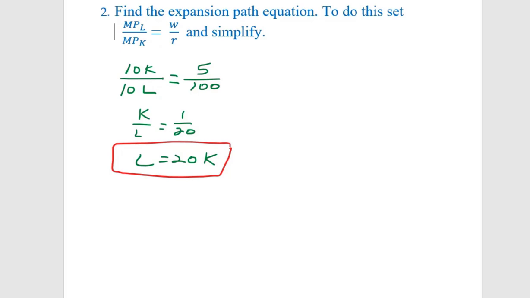So no matter what level of output we're producing, the firm should hire 20 units of labor for each 1 unit of capital. Again, I've had some students ask me, why is it 20 labor per 1 unit of capital? Well, think about this equation. If I plug 1 in for K, 20 times 1 would give me 20. L would be 20. So each time K goes up by 1, L has to go up by 20.